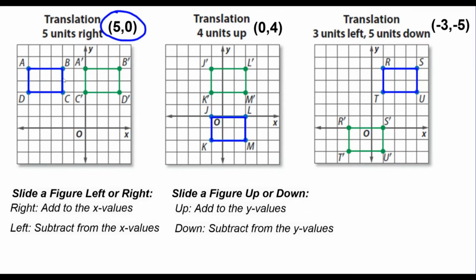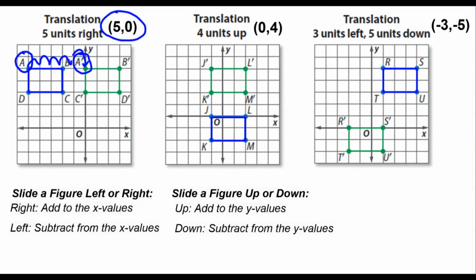If we were to add 5 to all of these x values, we would get the new x values in the green figure. So this point right here, after you add 5 units to the x value, 1, 2, 3, 4, 5, you would get the new A value, and we call that A prime. There's that little apostrophe there.